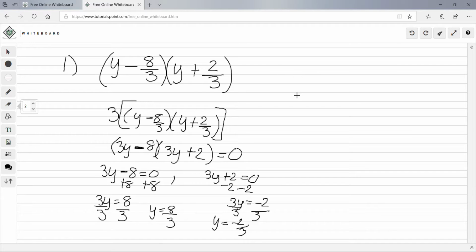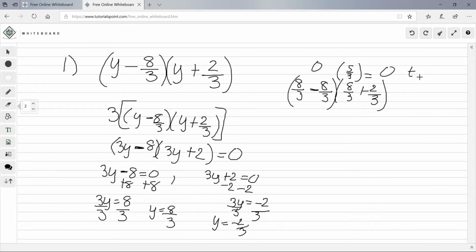So we said that y is 8 thirds, so it's 8 thirds minus 8 thirds, and then 8 thirds plus 2 thirds. So 8 thirds minus 8 thirds is 0. And then anything times 0 is just 0, right? So it's just 0. So that's true. So definitely 8 thirds is one of our answers.